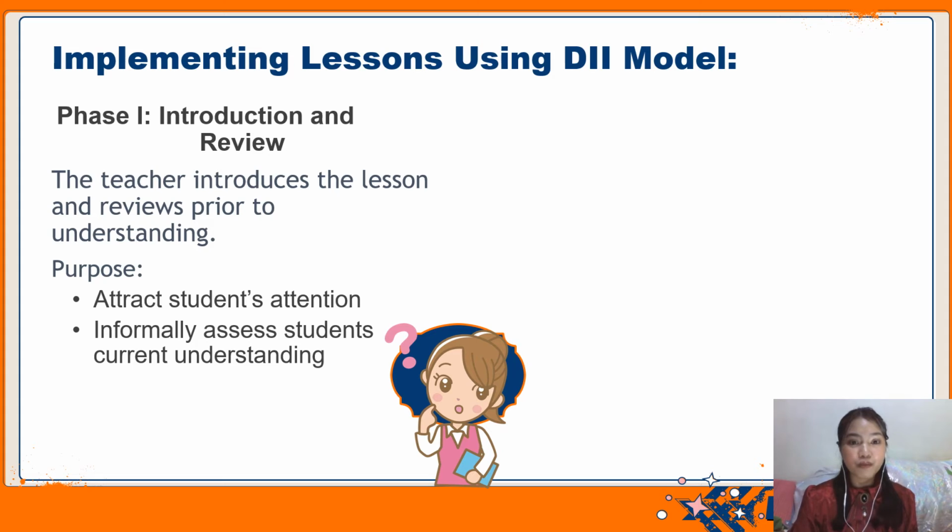Also, informally assess students' current understanding to make sure they are ready to understand the skill of the lesson. An example of this is conducting mini quizzes before starting the lesson proper. When you conduct the mini quizzes, it is not necessary that you record them. You can give them rewards in exchange for grades.